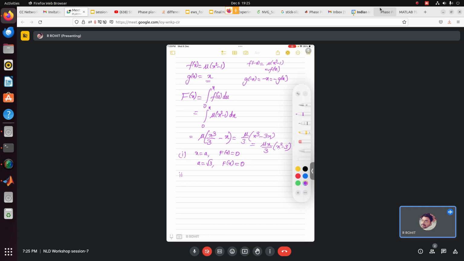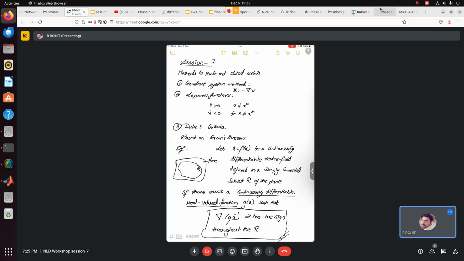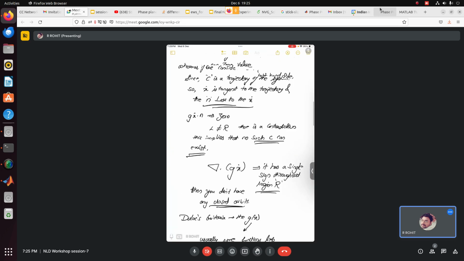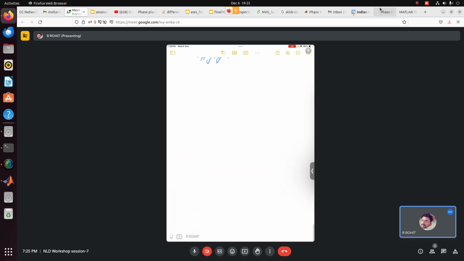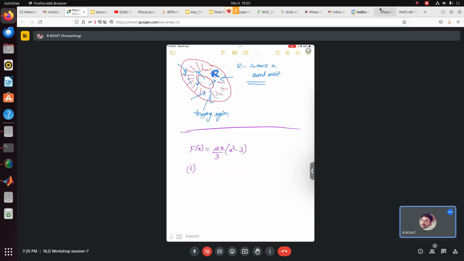And for the second condition, this was our equation, and the second condition we were looking at was, between 0 less than x less than a, your F of x should have a negative value.